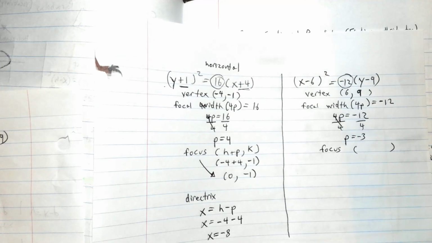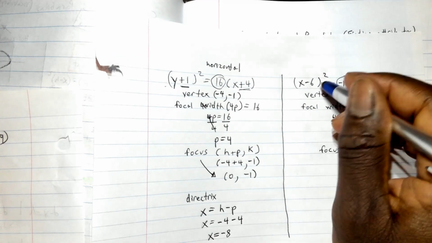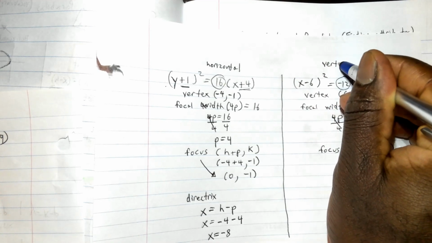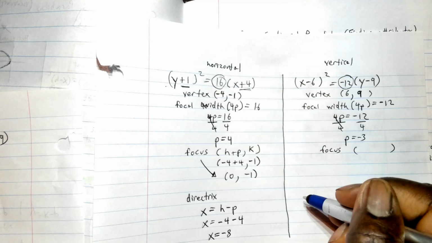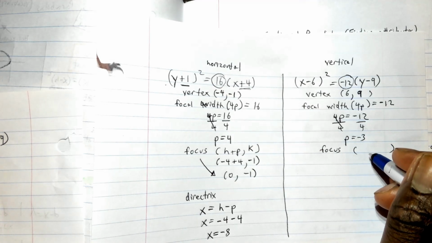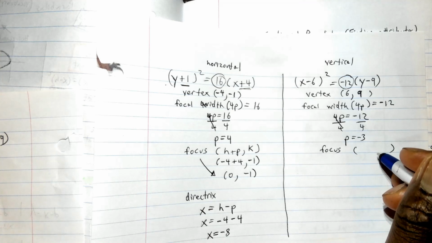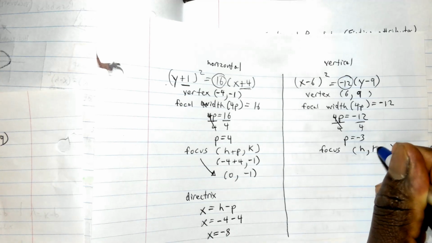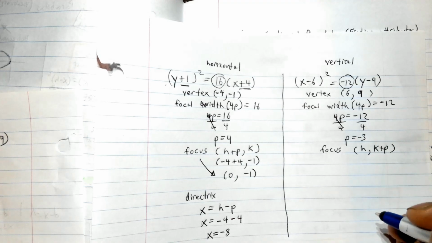For our focus, we have to remember, do we have a horizontal or do we have a vertical parabola? In this case, because the x is squared, we know we're going to have a vertical parabola. And for vertical parabolas, we know that we're adding on to the y part of it. So h is the same, and we're adding on to the y part.